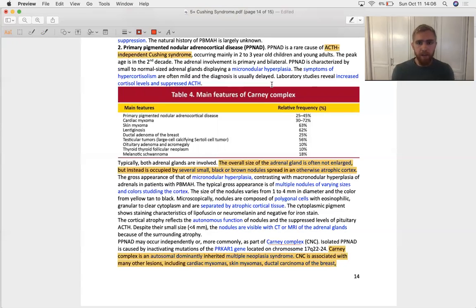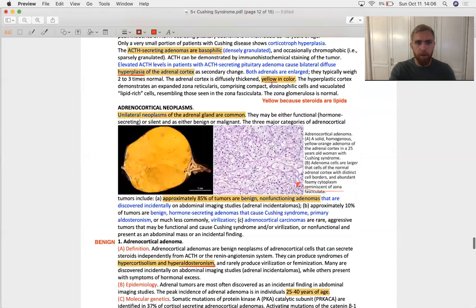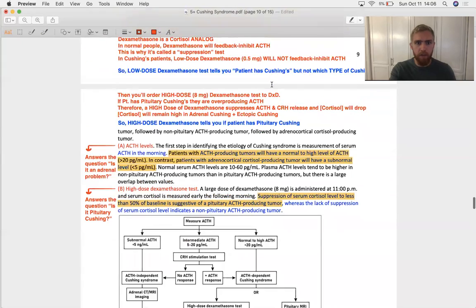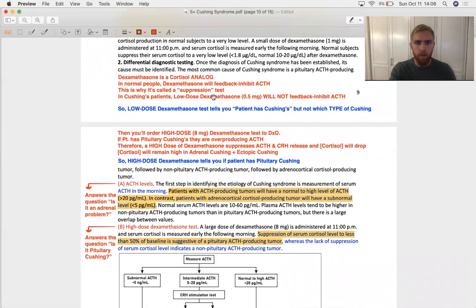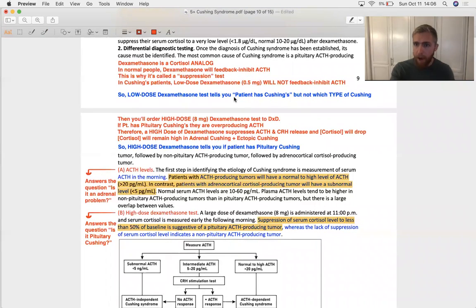But if you can suppress ACTH with that first test, as we set up here in the diagnostic section, then it's probably an adrenal problem. So then you do the low dose dexamethasone, ACTH is normal, patient's got Cushing's. ACTH should go down if patient doesn't.